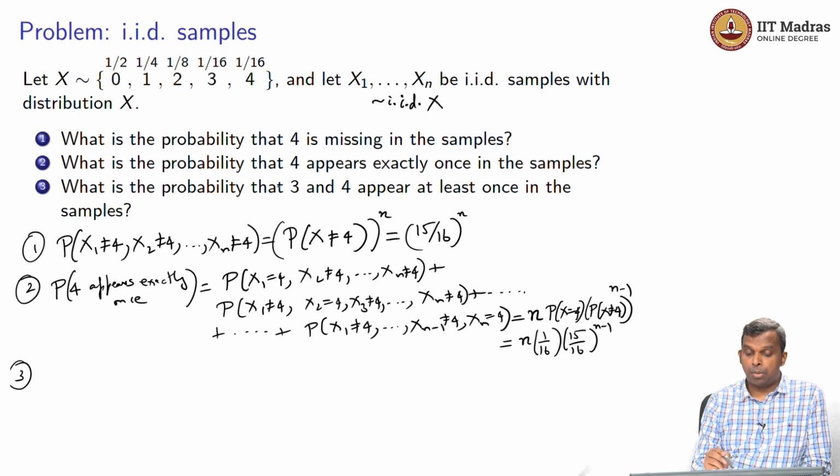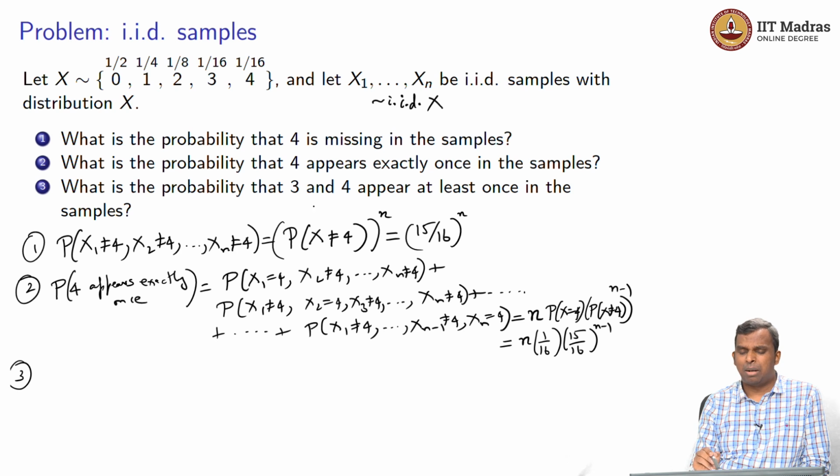So what is the probability that 3 and 4 appear at least once in the samples? Now we have to do a little bit more thinking. There are multiple ways to do this problem. Once again, you can write it as the intersection of two events, and then you can do various things with it. But let's try and repeat this method. 3 and 4 have to appear at least once, right?